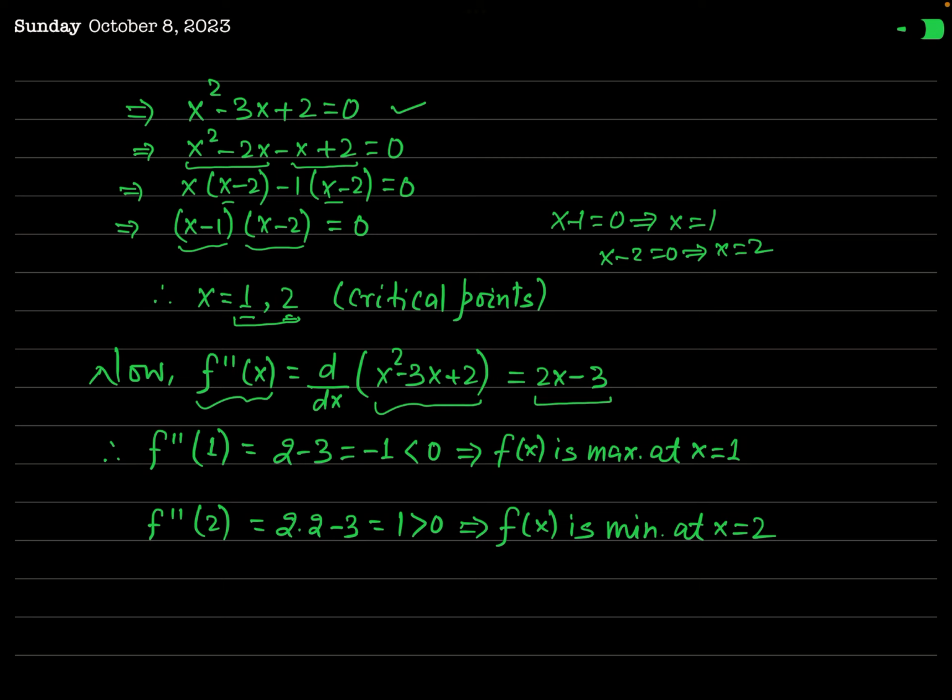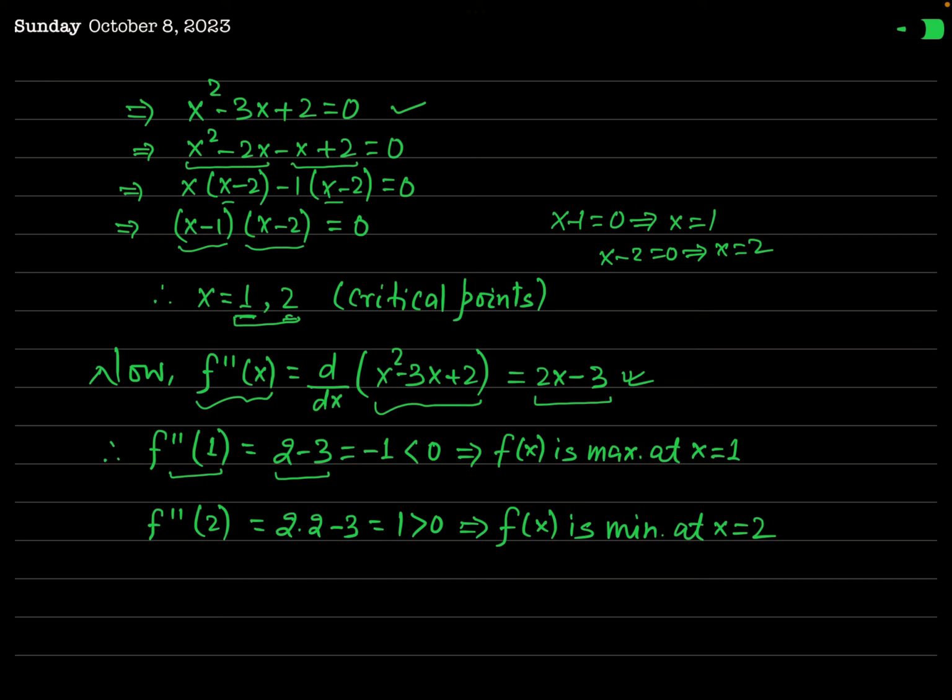Now let us substitute x equal to 1, that is the first critical point, here: f double dash of 1. In this expression we substitute x equal to 1, so this will be 2 minus 3, which is minus 1.